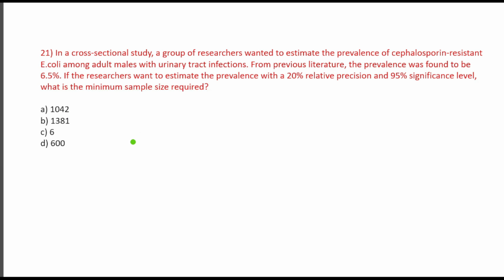Now let us see how we can solve this question. From the previous literature, the prevalence was found to be 6.5%. So they gave the prevalence 6.5%, which is one value we got. The researchers want a 20% relative precision. See, this is not absolute precision, this is relative precision.